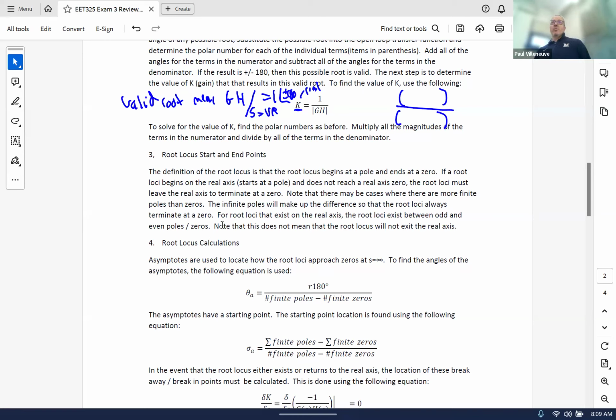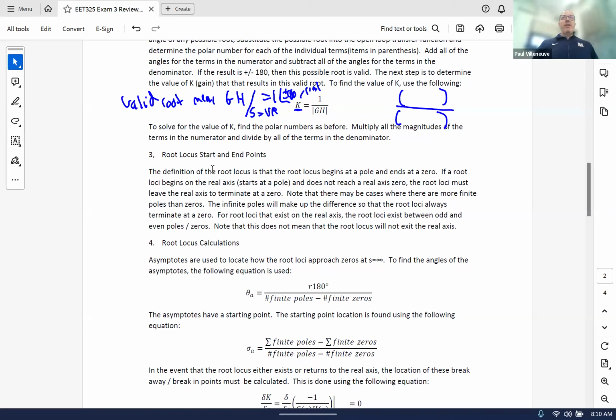Like if you never leave the real axis, do I ever need to calculate angles of asymptotes, breakaway points, any of that stuff? Don't need to do it. Don't need to do a Routh-Hurwitz calculation either, because I'm not crossing the j omega axis other than maybe crossing it at 0. So I don't need to do a lot of that stuff. I can simplify my life.